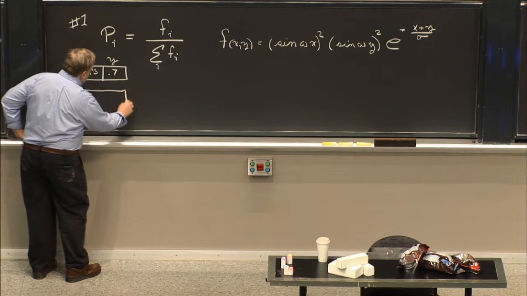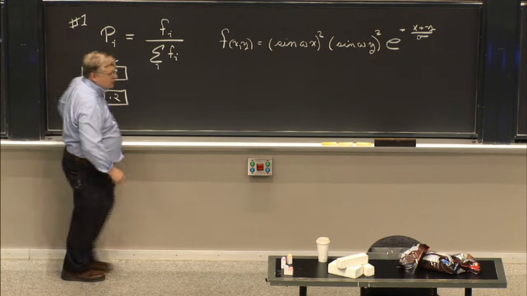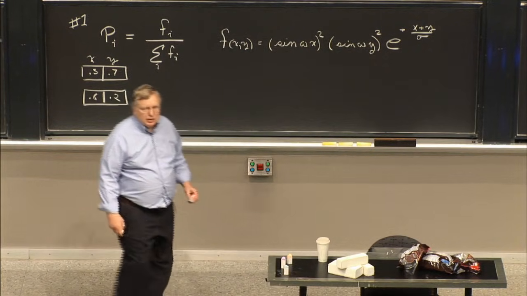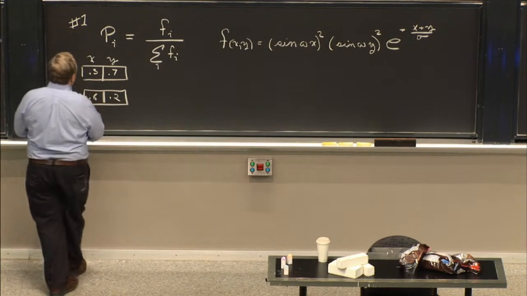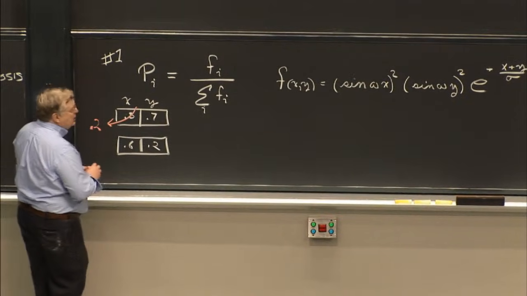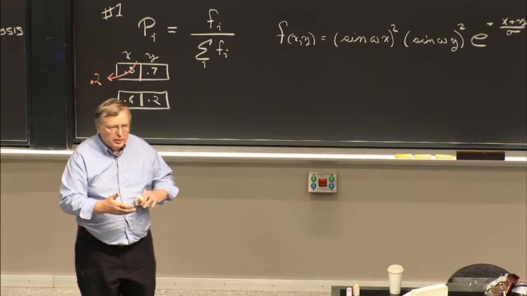Here's another one, which might be 0.6 and 0.2. The mutation operator is going to take one of those values and change it a little bit. So it might say, well, we'll take 0.3 and make it 0.2. And the crossover operation is going to exchange the X and Y values of pairs.